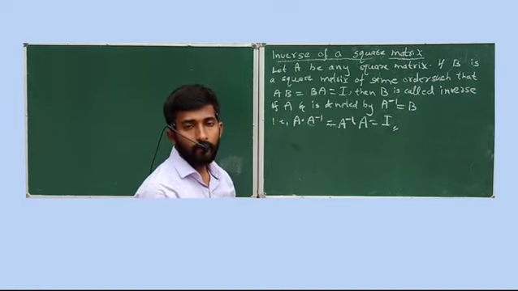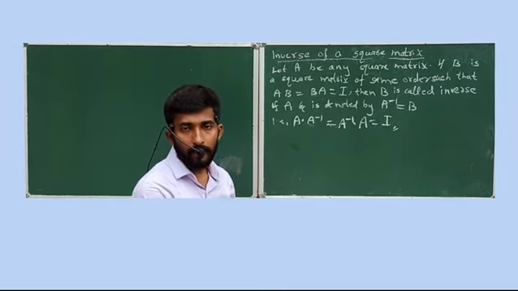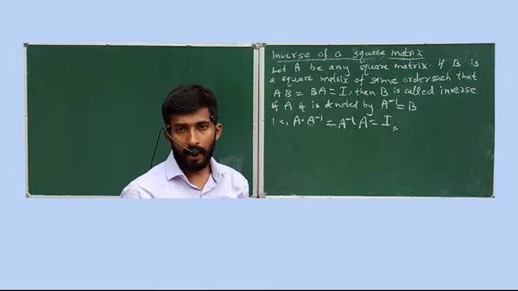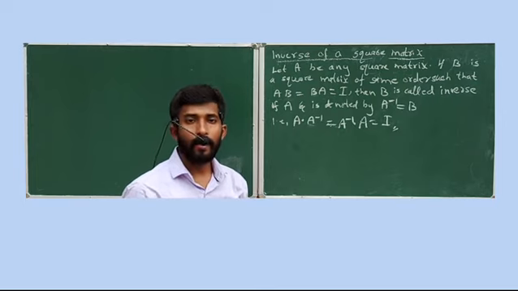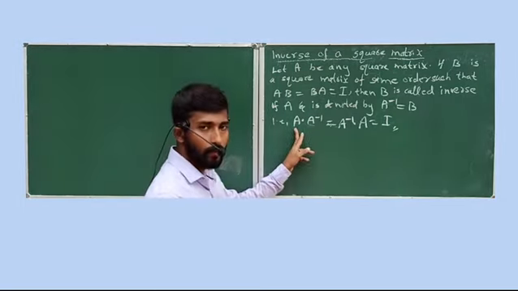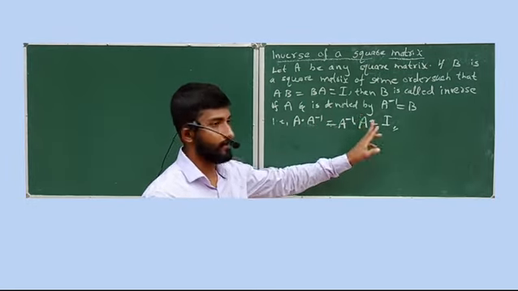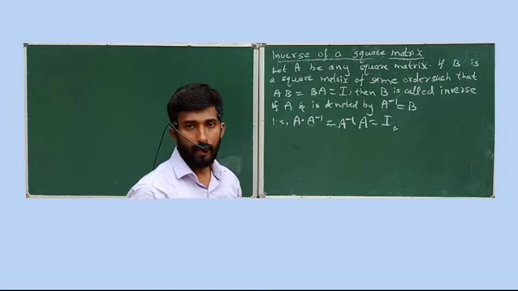You are finding one more square matrix B of the same order such that A into that matrix is equal to that matrix into A equal to identity matrix. Then that matrix is called the inverse of the given matrix A. Very important formula: A into A inverse equal to A inverse into A is equal to identity matrix. This is all about the inverse of the matrix.